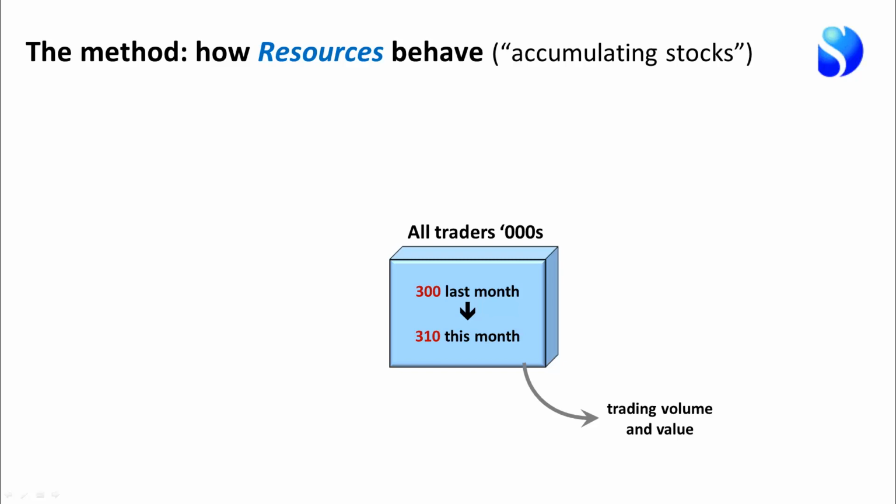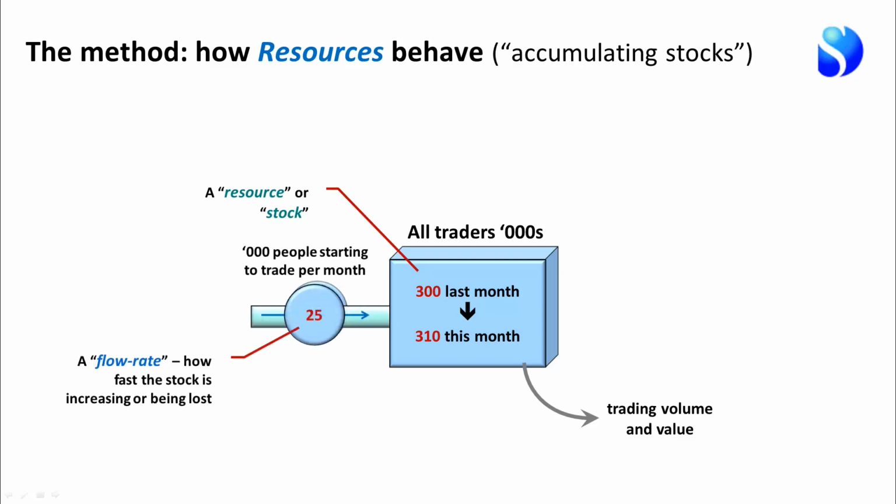So that thing in the box is known as a resource or a stock, and that increases because people who were previously not trading decide to move into that stock. So that item on the left is a flow rate, and you can think of the circle on it as being a pump. So 25,000 people were pumped into that stock during that month. 25,000 people started to trade.